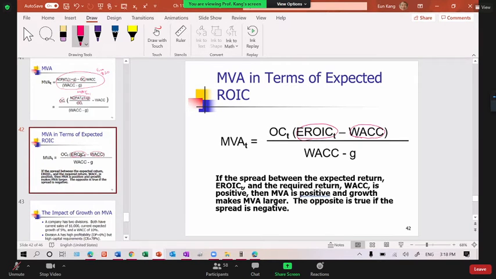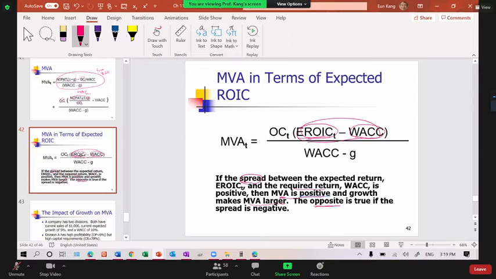And this is more, as I say, intuitive, because if the spread between expected return, that is ERYC, and required return, which is WACC, is positive, then MVA is positive, and growth makes MVA larger. And the opposite is true if the spread is negative.